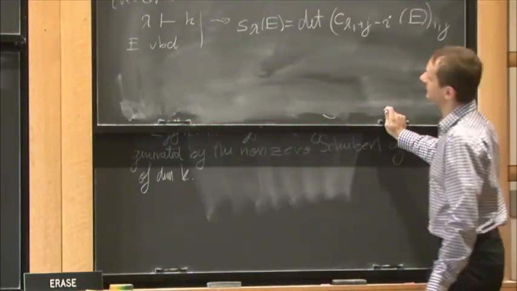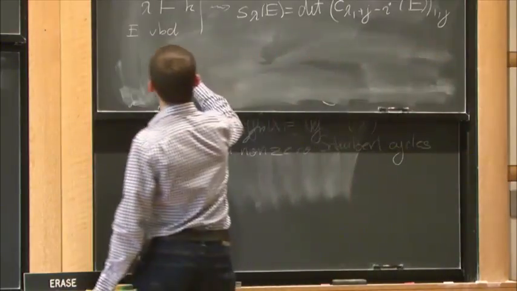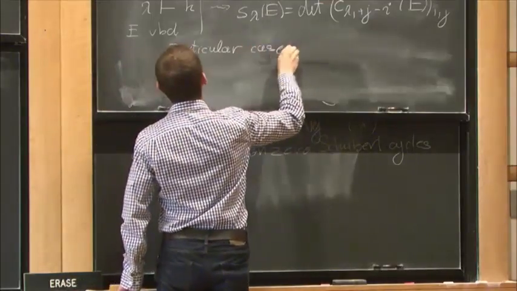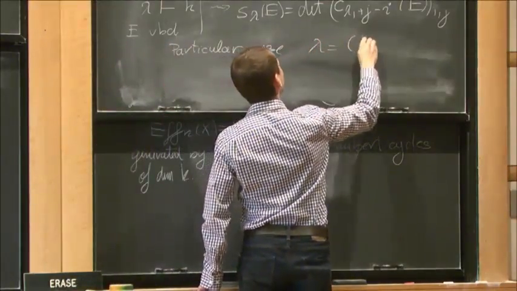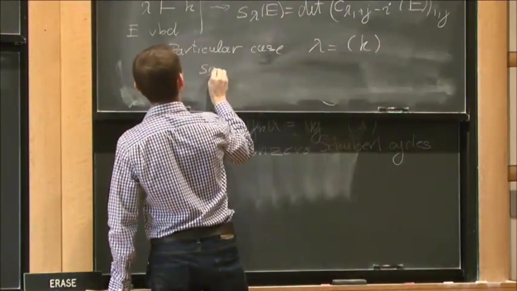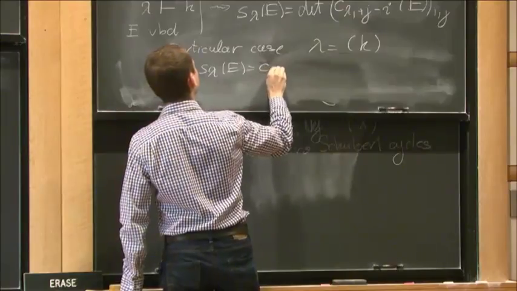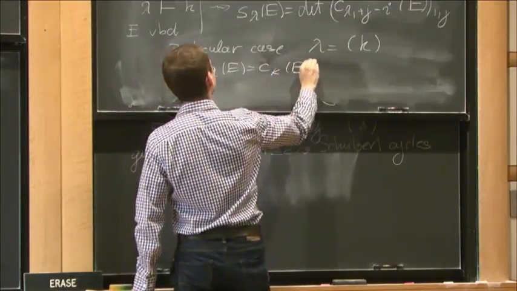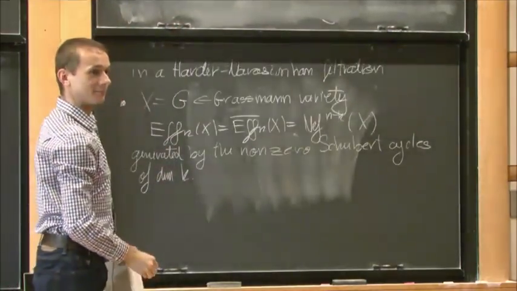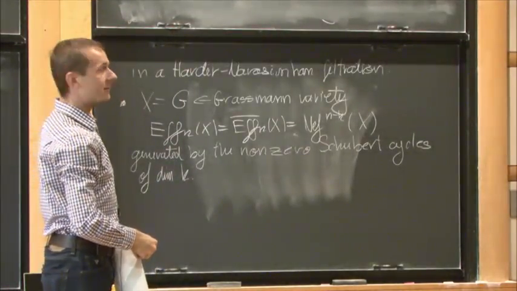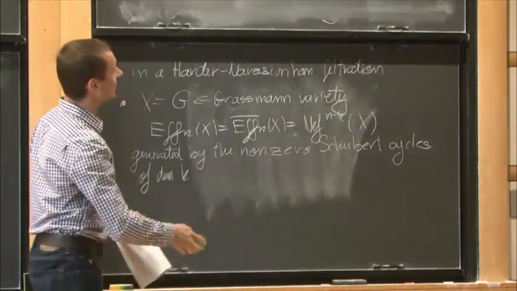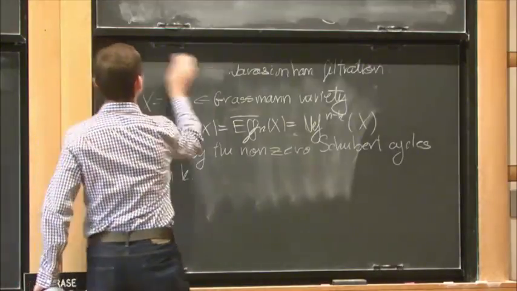In a particular case, when lambda is just the partition k itself, then you recover the Chern class. It's the Segre class of its dual, if you look at Fulton's definition of Segre classes.